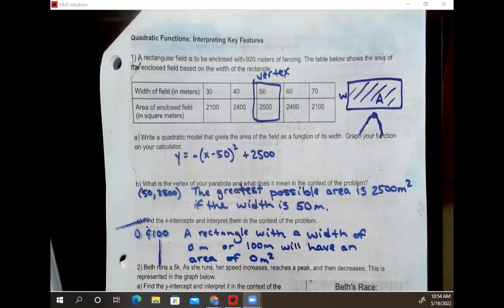I'm not actually fencing in an enclosure. I'm more just putting up a fence to put up a fence in that case. Questions for me on number 1?